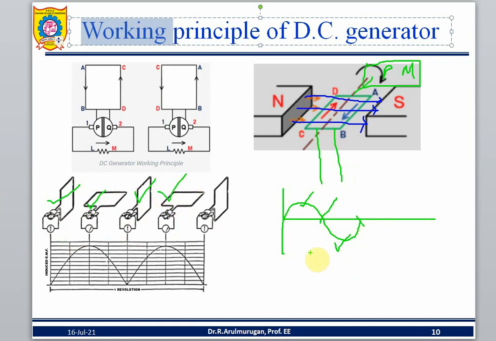So the waveform is produced like an AC generator. So I am using the commutator. It converts the AC to a DC waveform. My waveform is obtained like this; see here, P and Q are fixed. Okay, so this is the working of the DC generator.